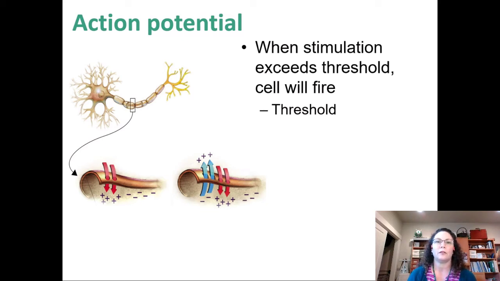That is what we call its threshold level. It has gotten accustomed to this level of stimulation. So when the incoming information is more demanding, more attention grabbing than what's been going on in the neuron so far, we call that exceeding threshold.